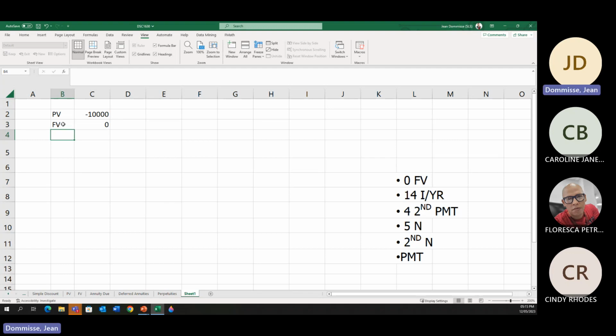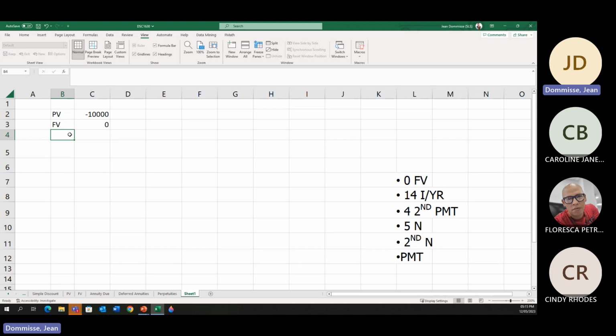The difference between amortization, big word, hope I pronounced it right, and annuities is that with annuities you get a lump sum of money in the end. With amortization, you know what your loan is at the beginning, and hopefully by the end of the term you don't owe anything on it.